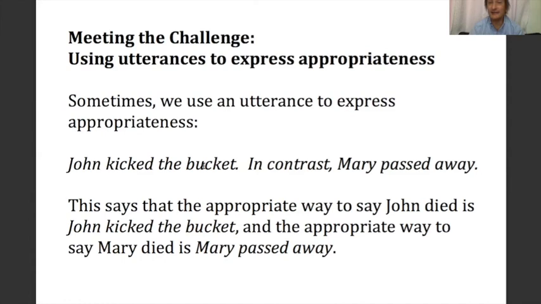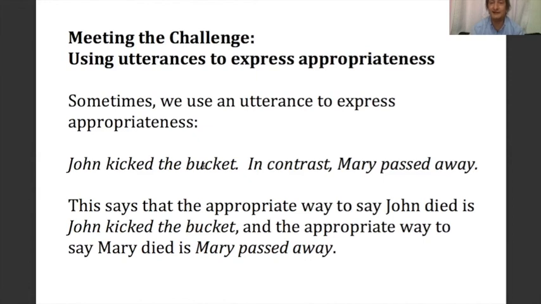We can give other examples that don't contain the word not at all. For example, John kicked the bucket. In contrast, Mary passed away. The only thing that's contrasting here is the way that you're describing the situation. Is it kick the bucket or is it pass away? They're both describing the same thing. If you use the same words, it wouldn't work as a contrast. John died.